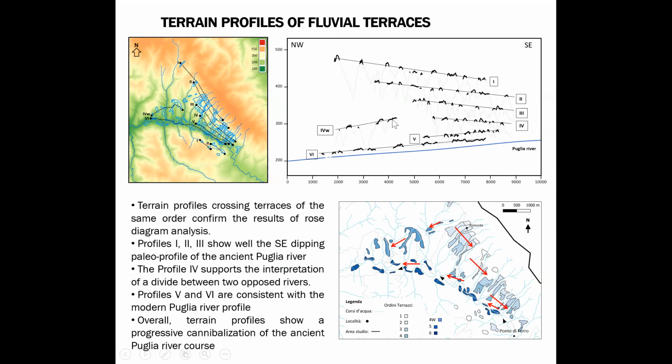Profile 4 supports the interpretation of a divide between two opposite rivers, while profiles 5 and 6 are consistent with the modern Puglia River profile. So overall, terrace profiles show a progressive cannibalization of the ancient Puglia River course, operated by a younger west draining river aggressor.